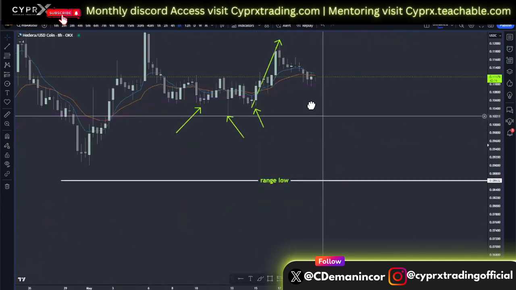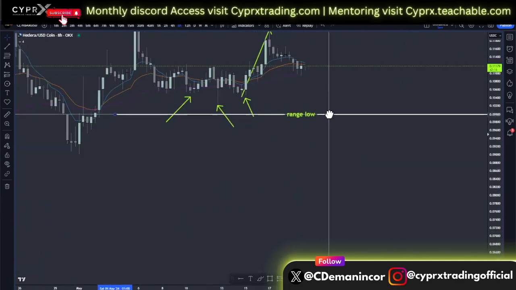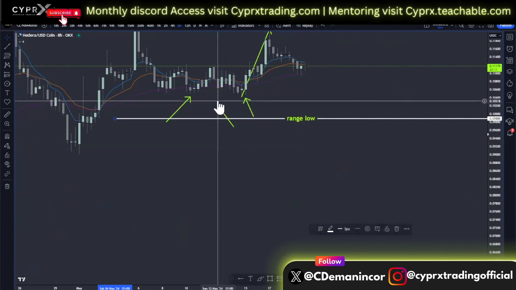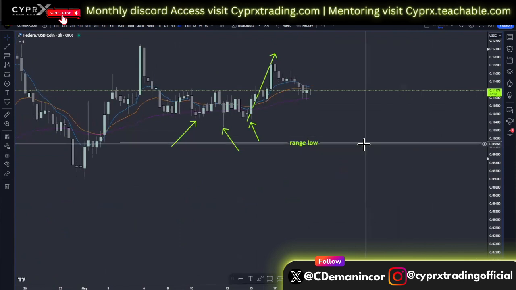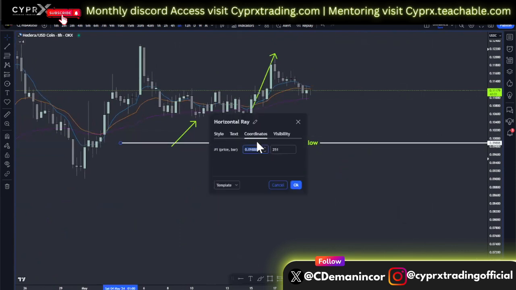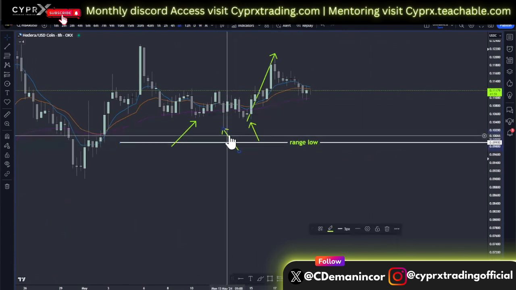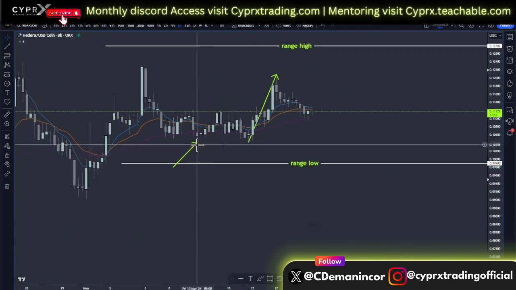So for this example, I would move my range low, give or take a couple of percentage points beneath this low here, just to give it some breathing room. So for this example, my range low is going to be at the 0.98 key psychological level. We can even round that off and make it 0.9 flat. Okay, so that's going to be my range low for this example.